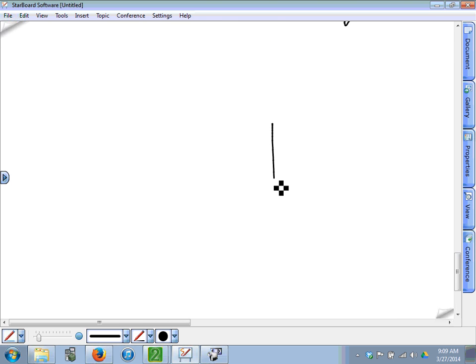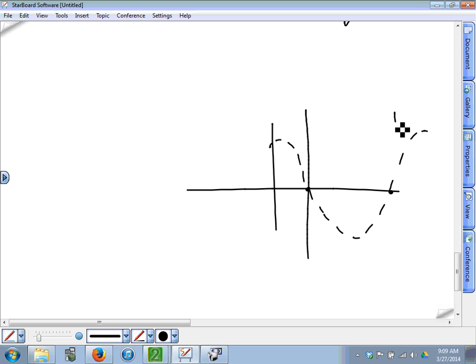With cosine, let's say this was your cosine graph. You'd have a vertical asymptote here and a vertical asymptote there. So then half of this would flip up there, the full piece would flip down there, and then here, half of it would flip up there.